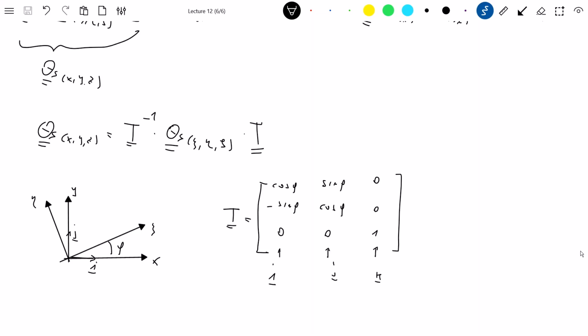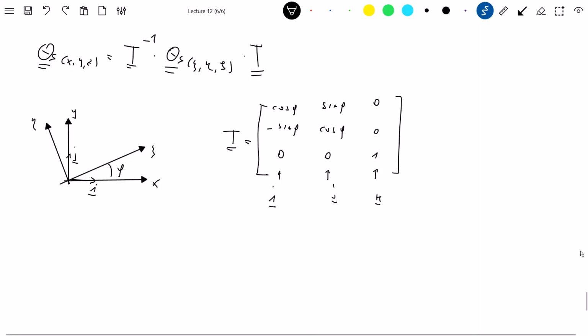And I can balance the system, I can choose the additional mass such that the x direction will be a principal axis of inertia.